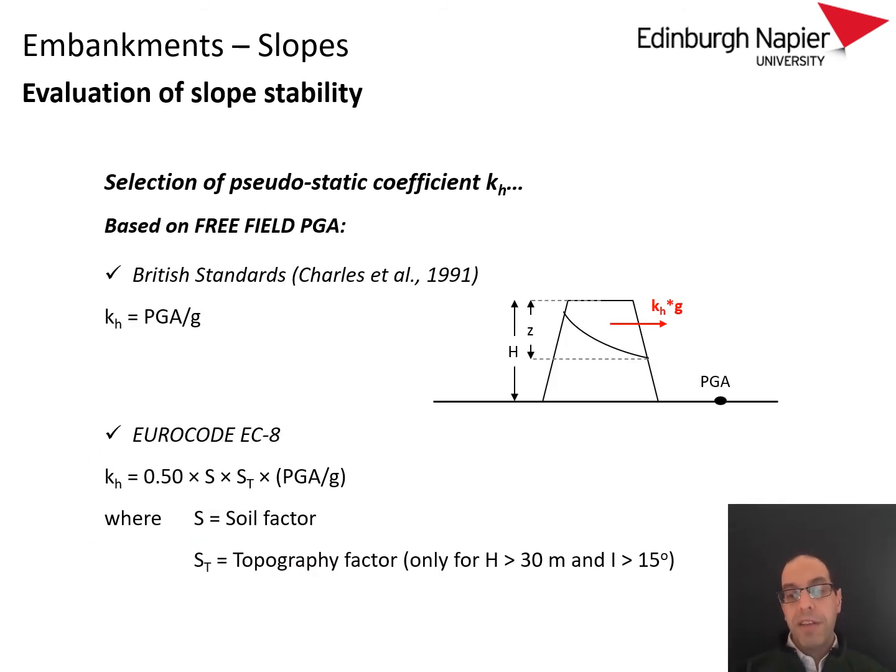British standards, which are still being used at the moment, simply assume that the KH value is a fraction of the peak ground acceleration, as you can see in the schematic.